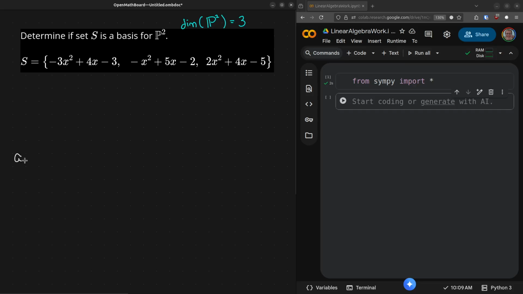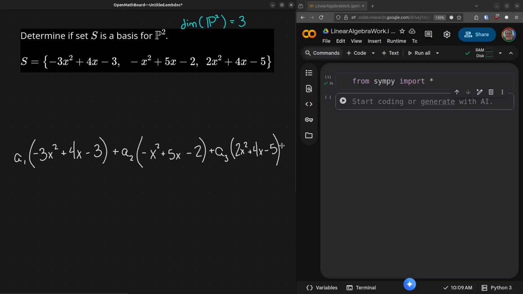So let's say a1 times my first vector, negative 3x squared plus 4x minus 3, plus some coefficient a2 times my second vector, negative x squared plus 5x minus 2, plus some coefficient a3 times my last vector, 2x squared plus 4x minus 5. We want to know what solutions we get that make this equal to 0.